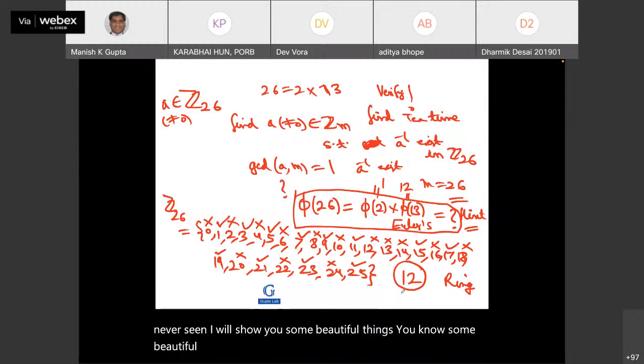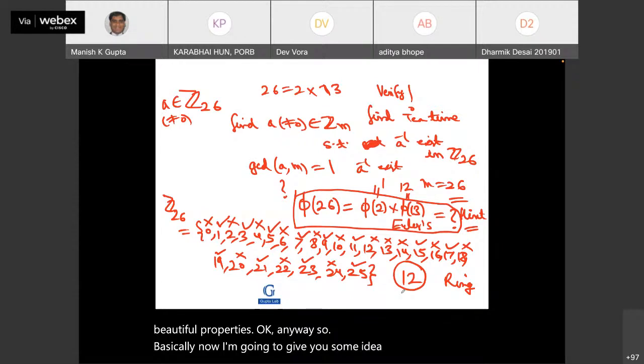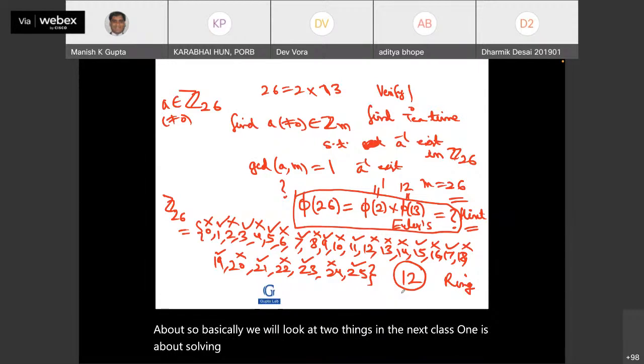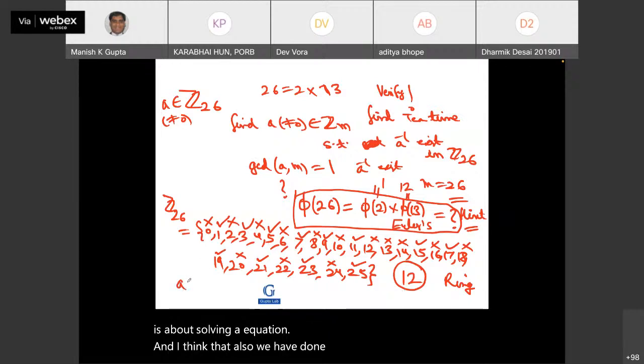Anyway, basically, now I am going to give you some idea about what we will look at in the next class. One is about solving an equation, and I think that also we have done earlier, something like ax congruent to b mod m.